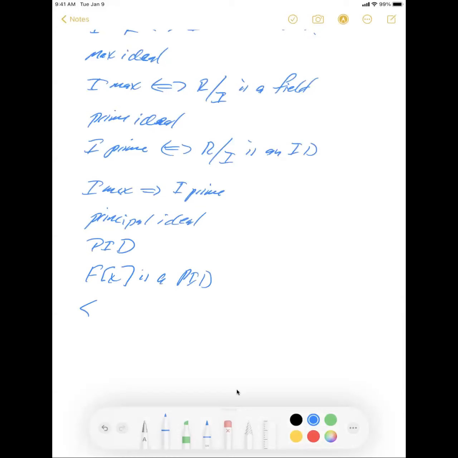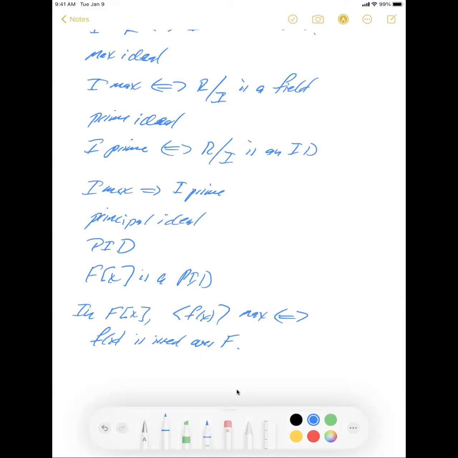And then in F bracket X, the ideal generated by f of x is maximal if and only if f of x is irreducible over F. And there was an application of this.